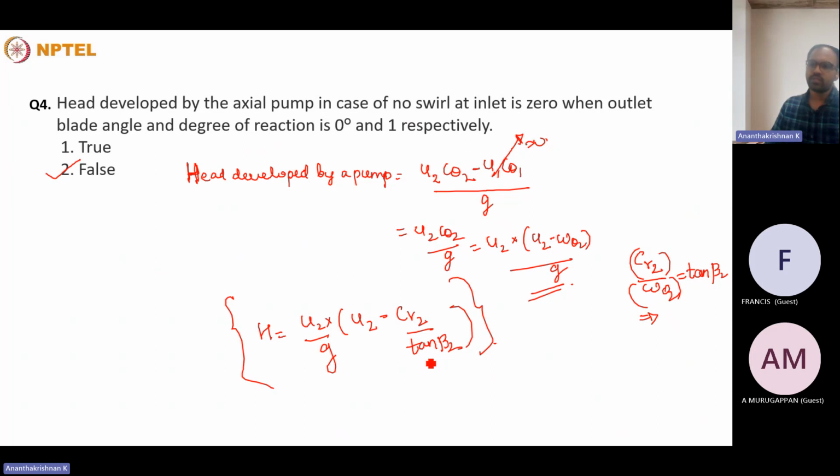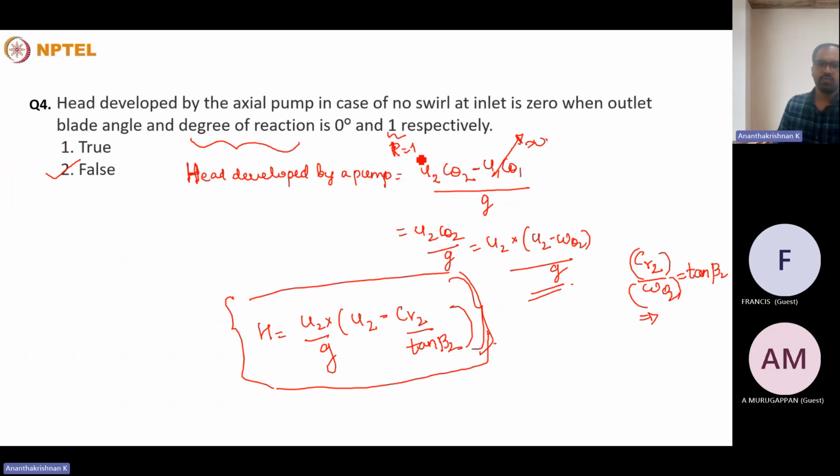Now, this is the reduced equation for head. The specific case in this problem is that the degree of reaction is equal to 1.